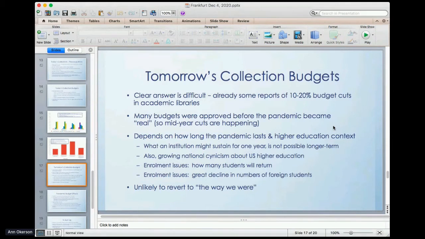Particularly concerning is the trend in international enrollments, which has been a cash cow for many American institutions since foreign students pay full fare and domestic students may not. Numbers of international students had peaked and slightly declined recently, due in part to political complications, and bans on travel of the last year have added huge downward pressure.